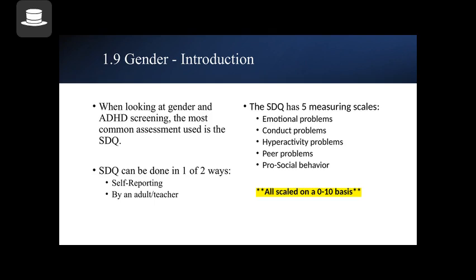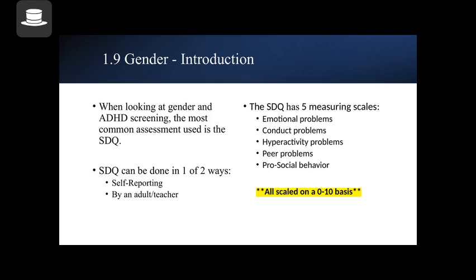It can be done with self-reporting, or if the child is too young, it can also be filled out by the child's parent or guardian and their teacher. The SDQ has 5 measuring scales that go along with it. Those are emotional problems, conduct problems, hyperactivity problems, peer problems, and pro-social behavior.